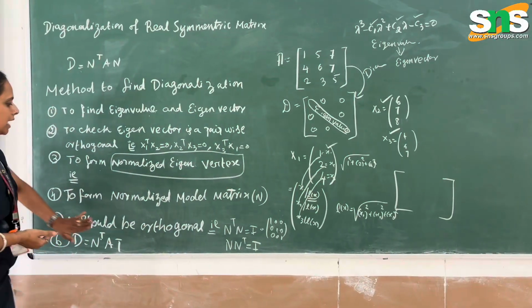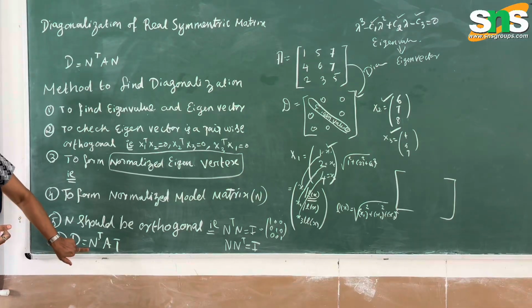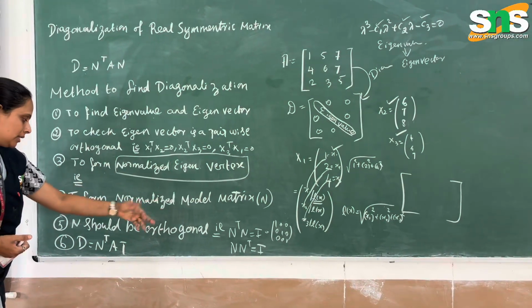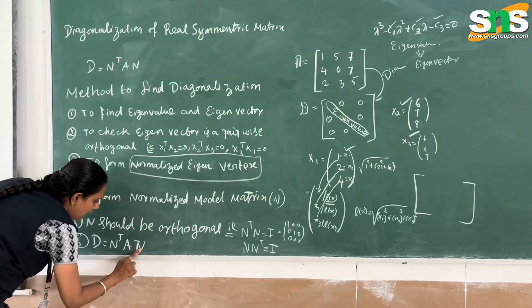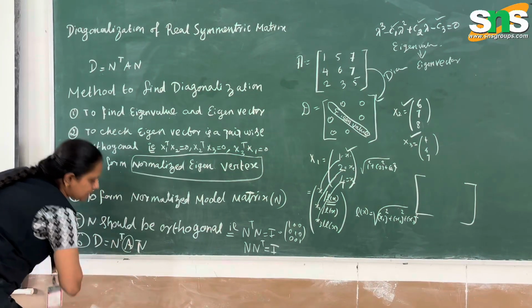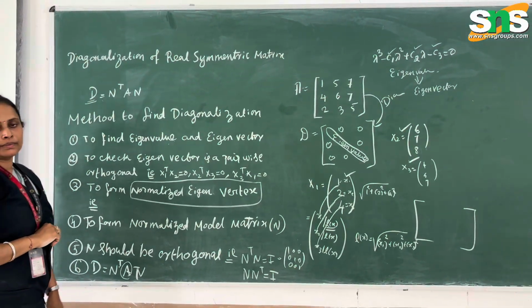So N is orthogonal. Then we use D equal to N transpose A N, substituting N and N transpose, where A is the given matrix. So we get the diagonal form. Okay, thank you.